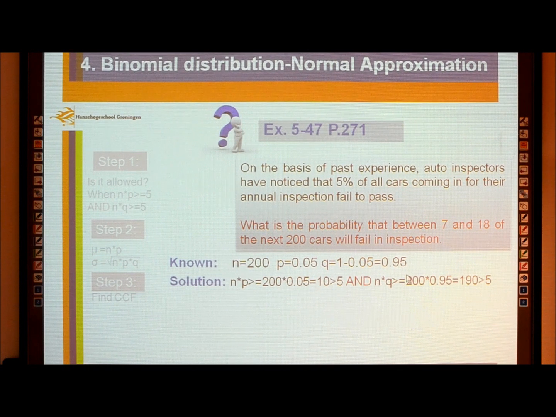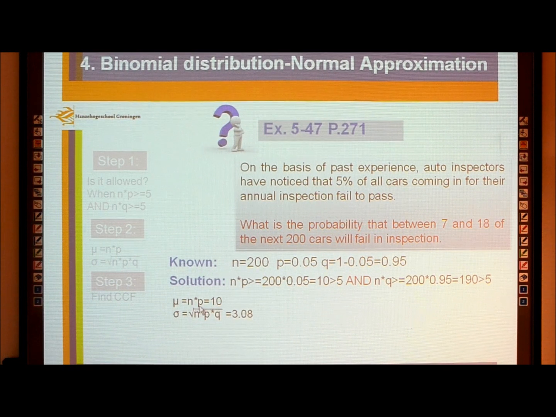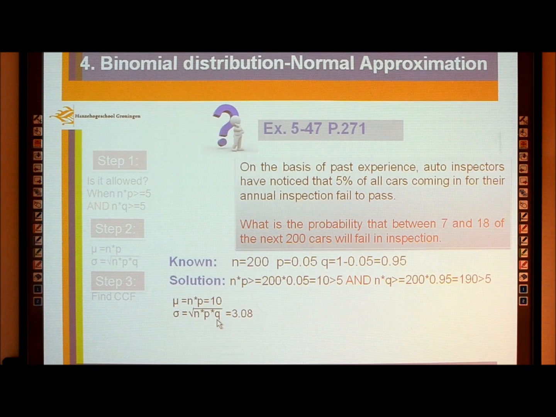So when both conditions are met, yes, we can continue with this normal approximation. The second step is to calculate the mean. n times p equals 10, and this is your mean, mu. And the standard deviation sigma comes from 200 times 0.05 times 0.95, and then square root it. Then you get 3.08. This is your standard deviation.